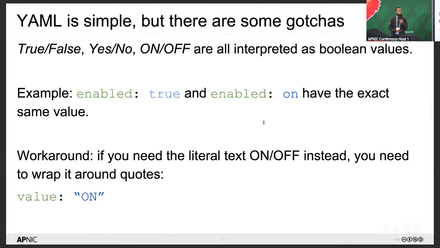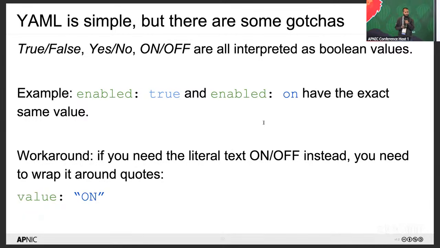Okay, now these are the Boolean values or Boolean expressions. Where I say true or false, yes or no, or on or off, these are interpreted as either 0 or 1. So true, yes, and on are actually Boolean 1, and false, no, or off is 0. Now, if I have to add, let's say true, and I don't want it interpreted as 1, I want it as a string, then you use the double quote, which reads it as it is, like a string.